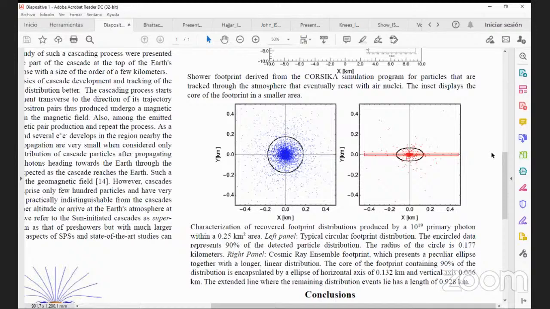But in the case of these cosmic ray ensembles that are correlated, what you see is this kind of elliptical shape together with an elongated line. We call them galaxy-like footprints.